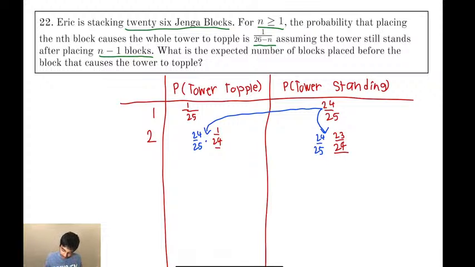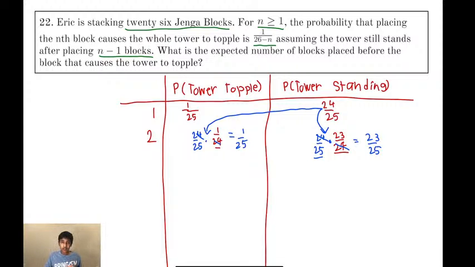For the tower remaining standing, it's a 24 over 25 chance the first block remains standing, and from there a 23 over 24 chance the second block remains standing. We multiply these together, the 24s cancel, and we're left with 23 over 25. And the toppling probability is equal to 1 over 25.